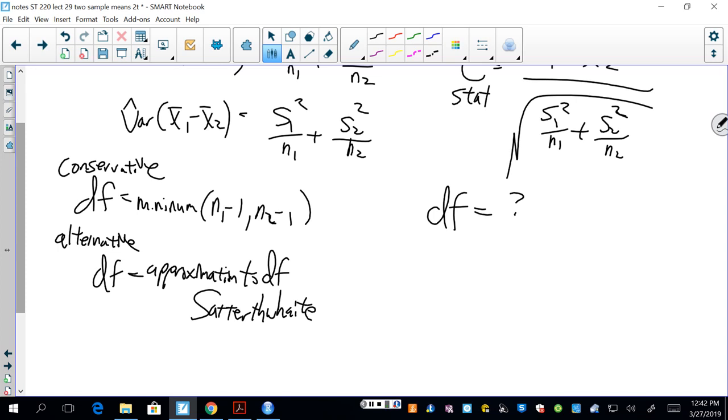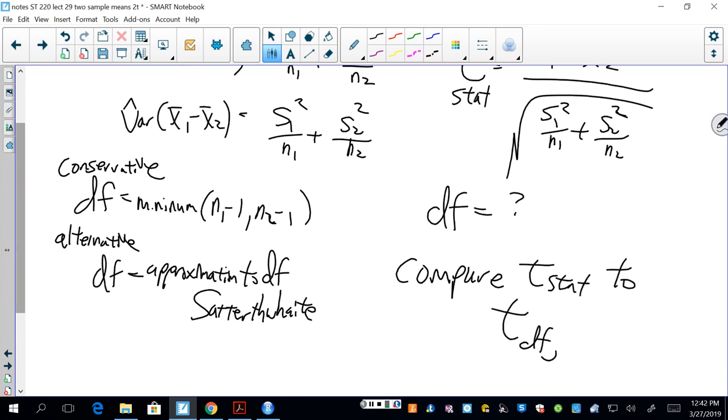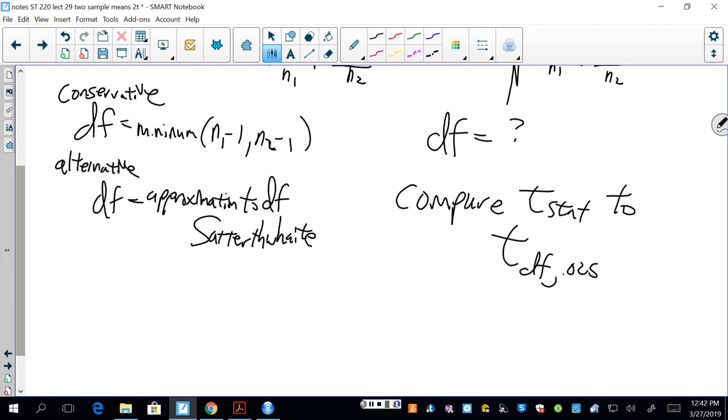You can compute it, but it involves a few different terms. It gives you a number as degrees of freedom, and we compare the t statistic to a t distribution with those degrees of freedom. If we want 5% significance or a 95% confidence interval, we use that number there.